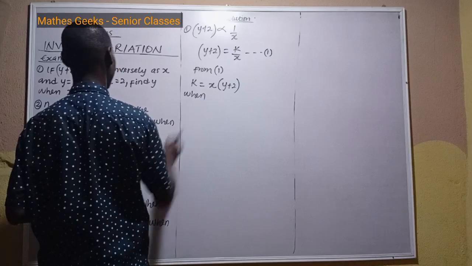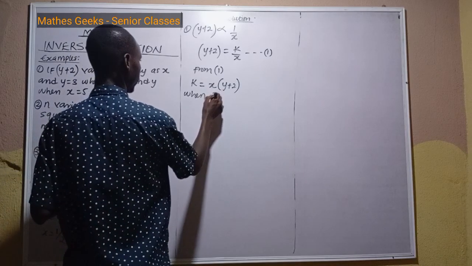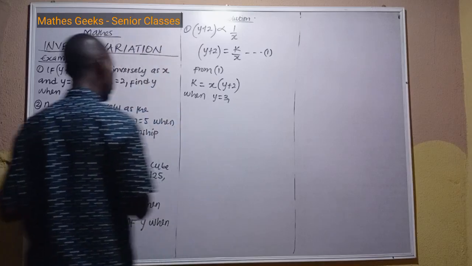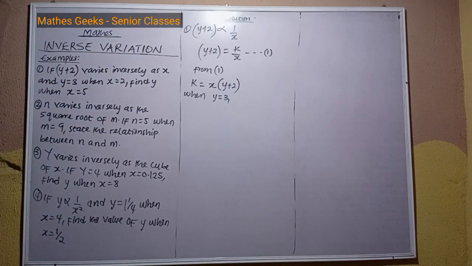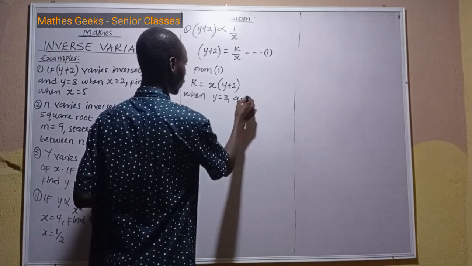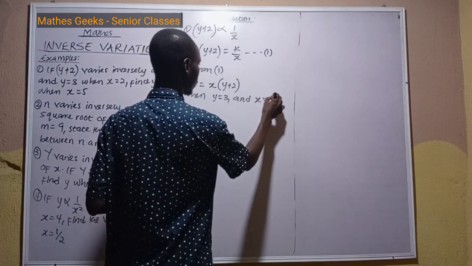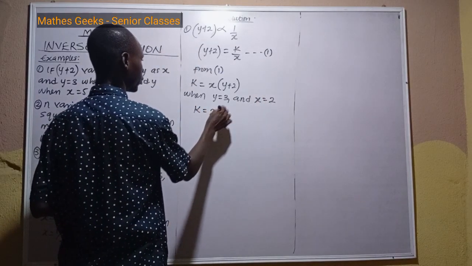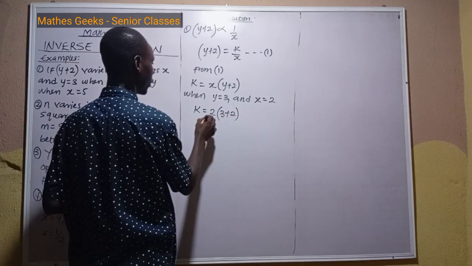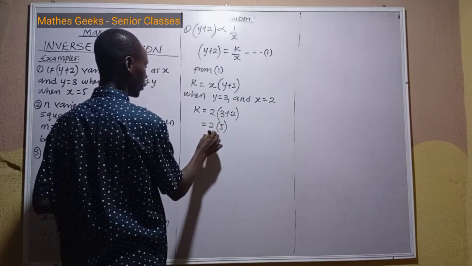So when y is 3 and x is 2, k is equal to 2 times 3 plus 2, 2 times 5, which is 10.